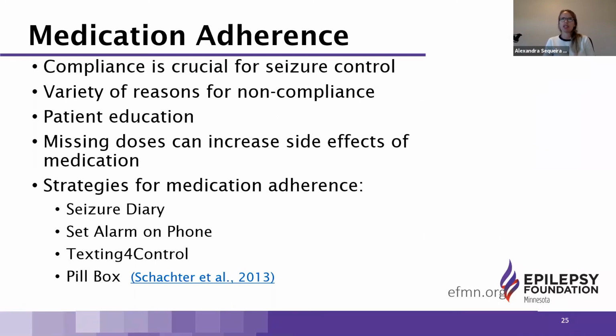So medication adherence, or compliance, is crucial for seizure control. Another example, and I think this is point number 4, is that if you miss medications or you're not taking medications and you're having recurrent seizures, it's an opportunity to be super honest with your epilepsy team.